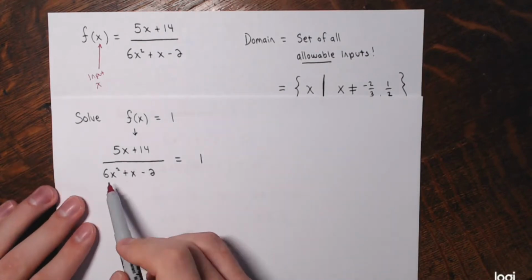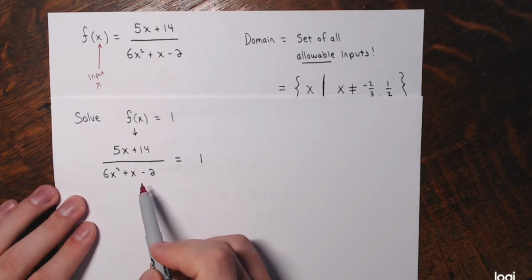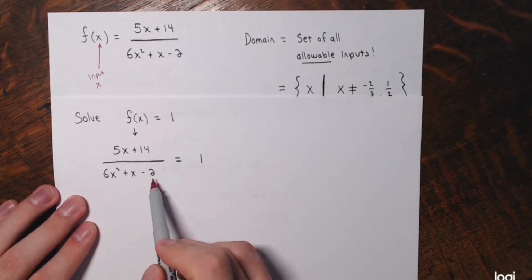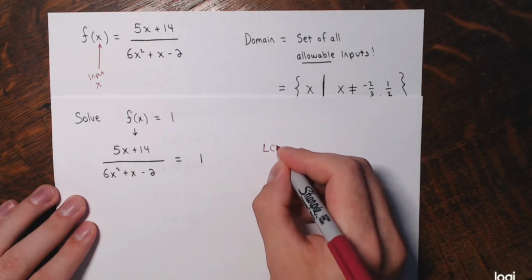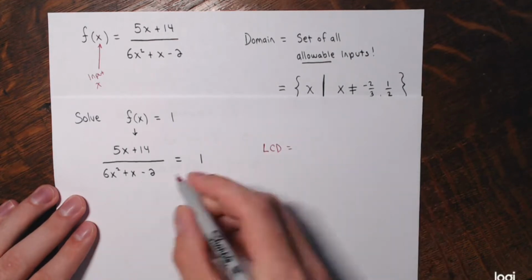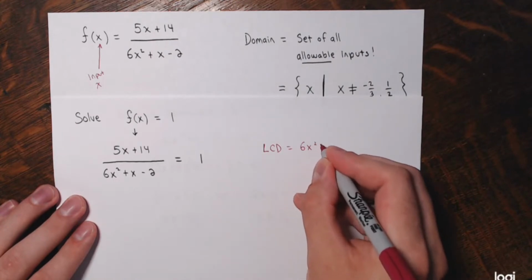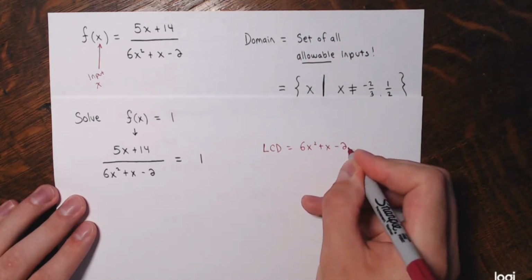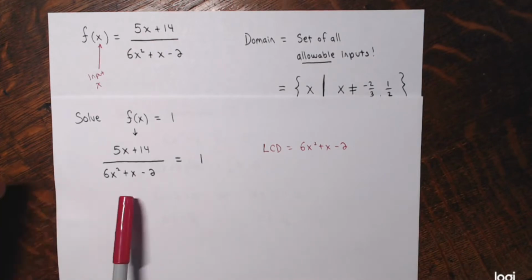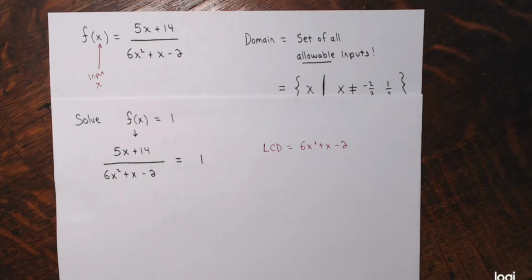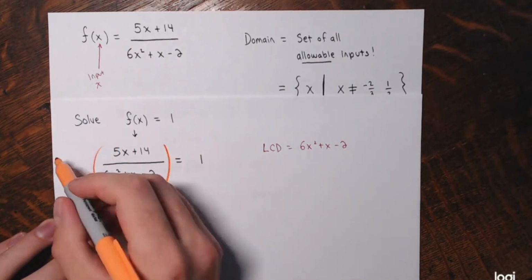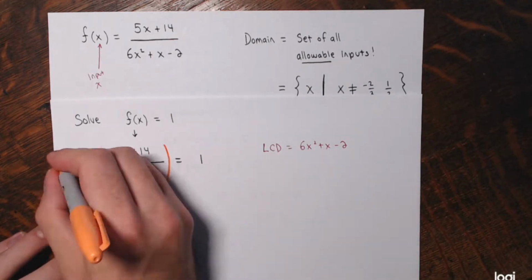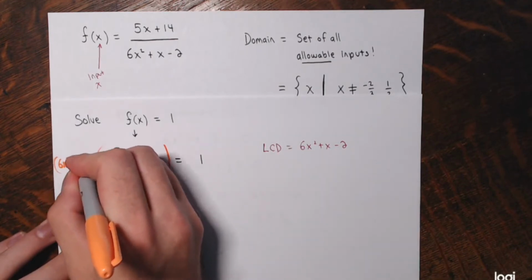Now you can factor the denominator like I like, but notice that this is the only denominator in this equation. So the LCD is definitely 6x squared plus x minus 2. Right? You can factor it like I said, but it's the only denominator in this equation. So, just like earlier, after finding the LCD, I'm multiplying both sides by the LCD, 6x squared plus x minus 2.